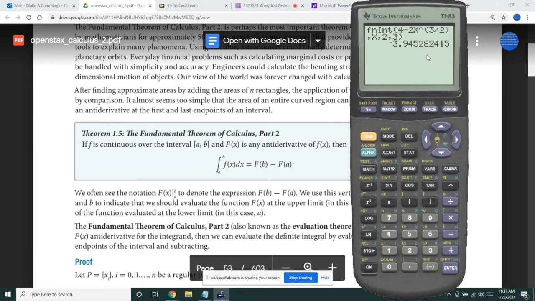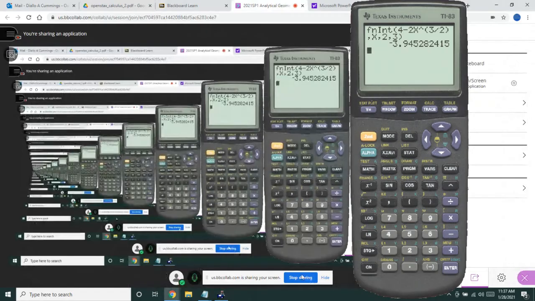All right, now for the second example, before we talk about the fundamental theorem of calculus part 1. Okay, we already covered the notations and the facts that the derivative undoes the integration and vice versa.